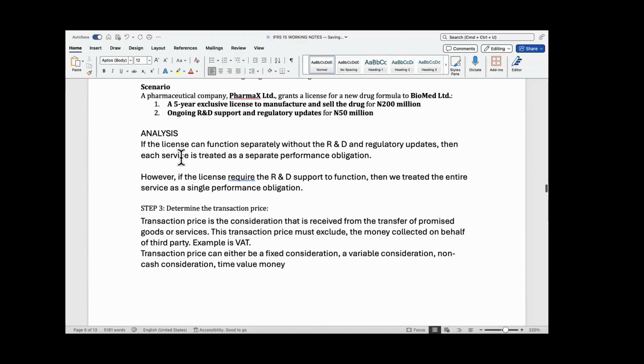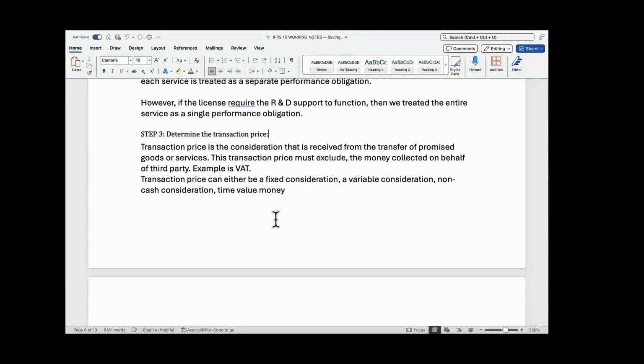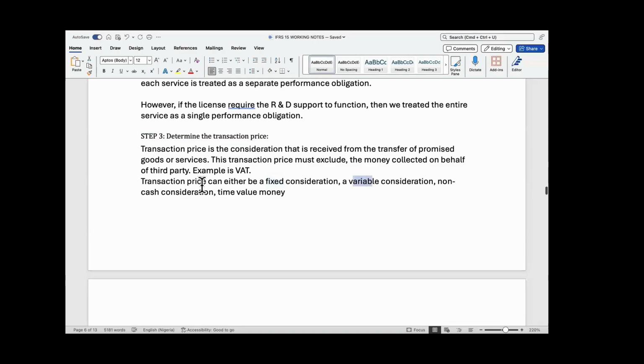That talks about determination of transaction price. And I said transaction price is the consideration that is received from the transfer of promised goods or services. And this transaction price must exclude money collected on behalf of third parties, like VAT. And I said this transaction price can be fixed consideration, variable consideration, non-cash, and is also affected by time value of money.